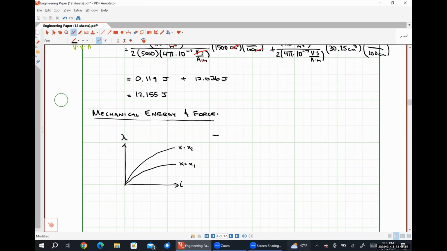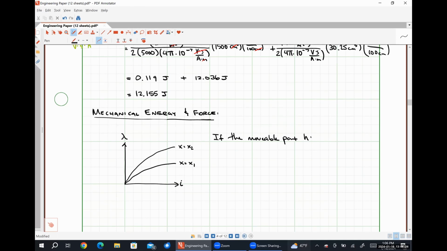If the movable part has moved slowly, the current should remain constant during the motion. So let's say that our current is here.